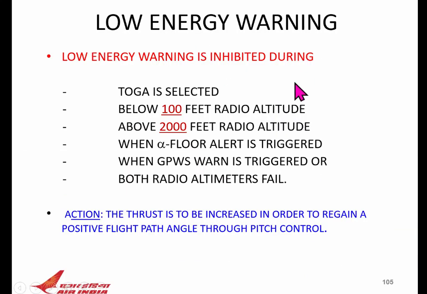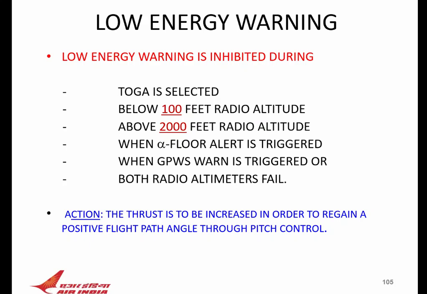Okay, low energy warning is inhibited. When is it inhibited? When you have applied TOGA, because you have applied the maximum thrust, you cannot do anything, so the warning will not come. If the aircraft is below 100 feet radio altitude or above 2000 feet radio altitude, this warning will not come. So this warning will come between 100 and 2000 feet. So it's like the wind shear phenomenon.